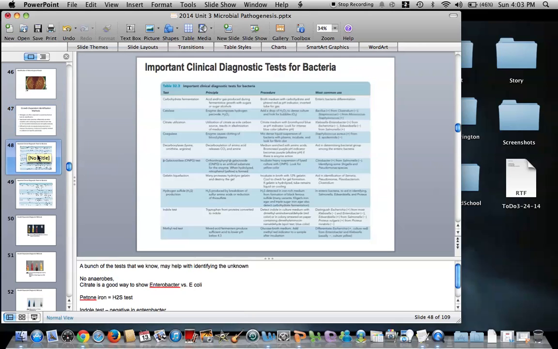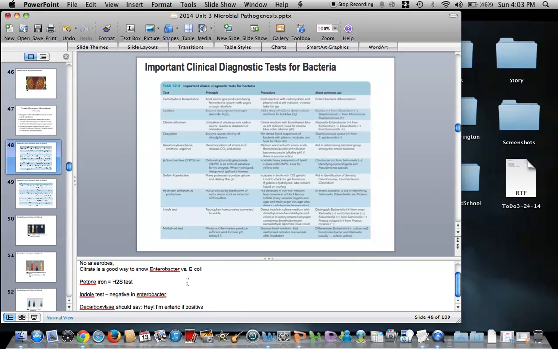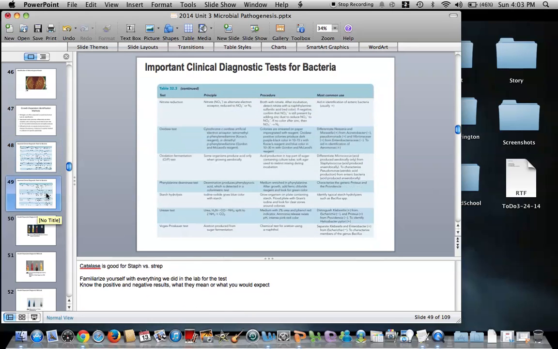I thought this would be the picture. So this is clinical diagnostics, and these are just little notes about various things. Decarboxylation says that something is enteric, but otherwise these are not that interesting.